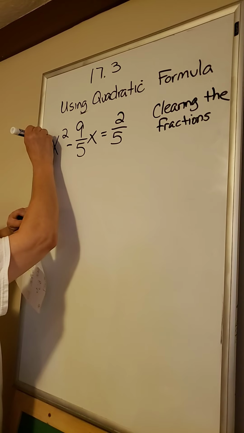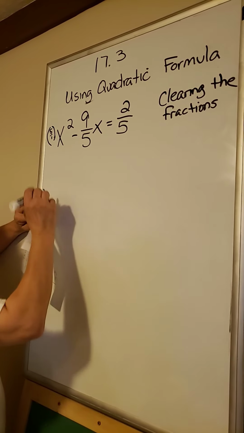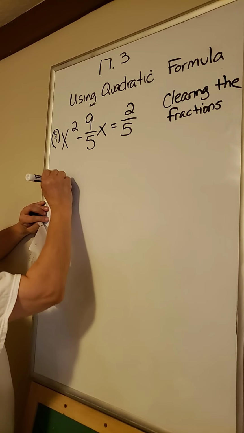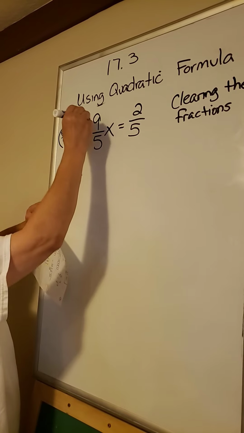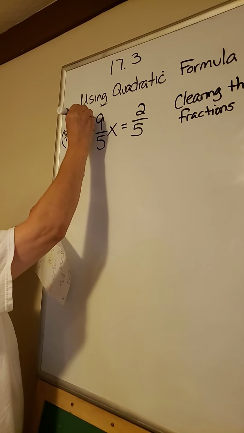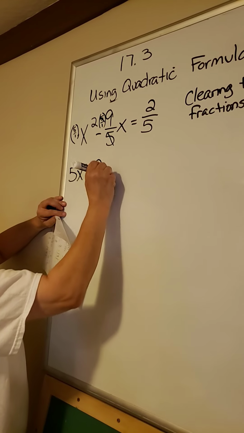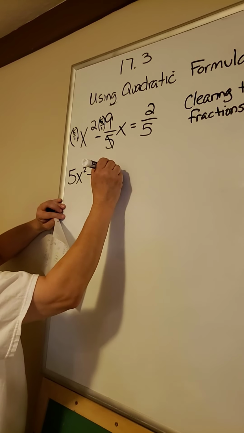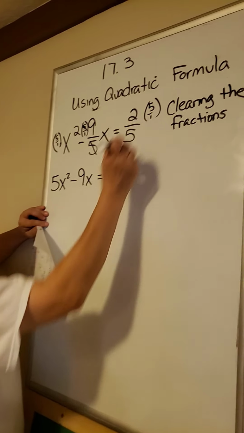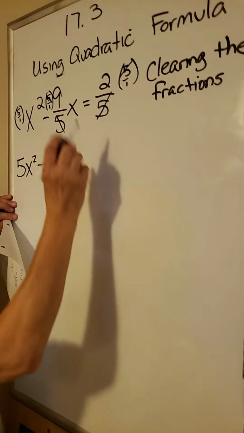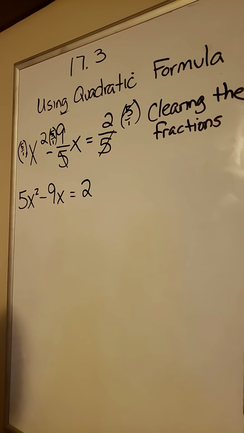So if we multiply x squared by 5 over 1, that's going to give us what? 5x squared minus, if we multiply 9/5 x by 5 over 1, the 5's cancel, leaving me with 9x. And if we multiply 2/5 by 5 over 1, that's going to leave us with 2. So now we've cleared the fractions.